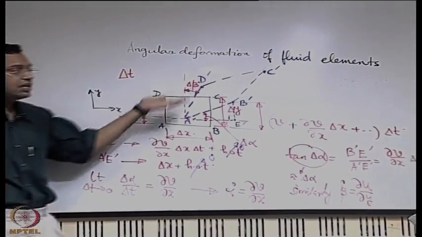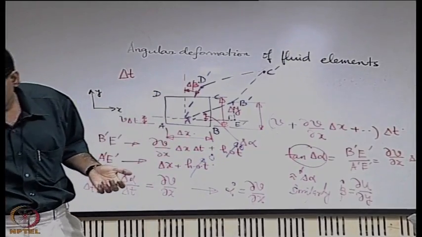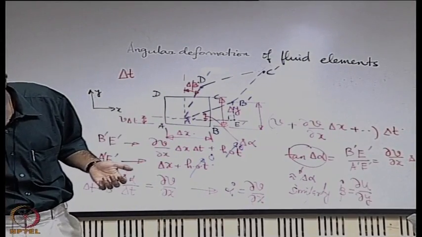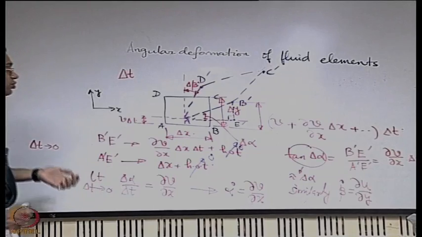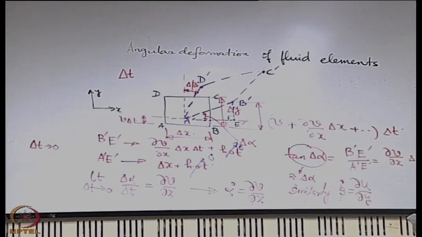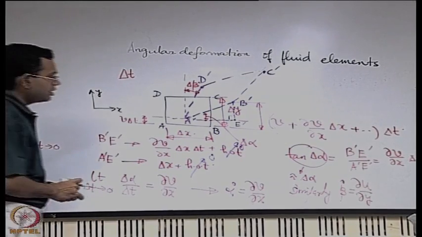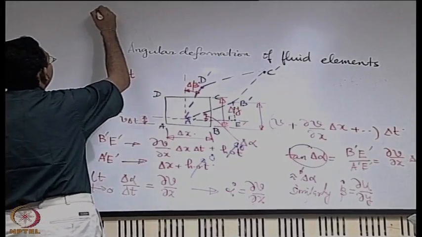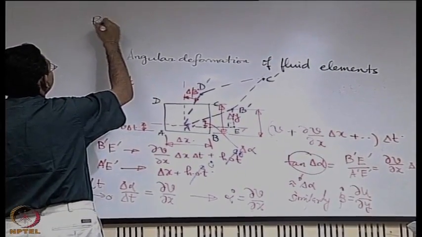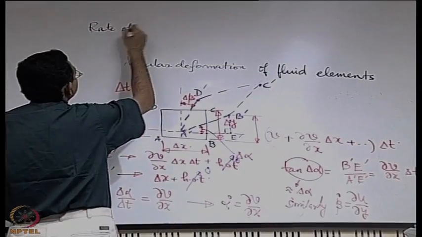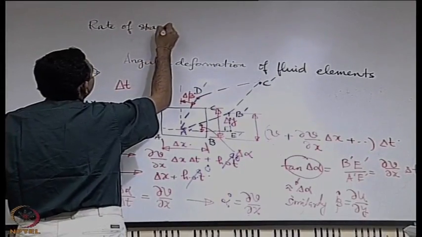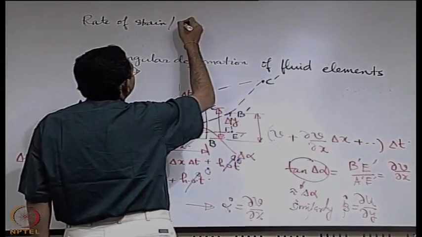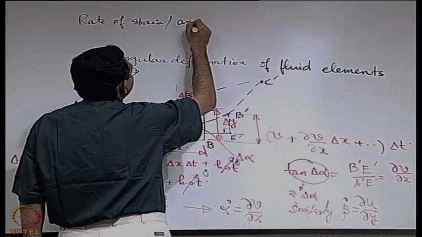These are just changes in angles. Now, how do we translate that into a more formal definition? To have a more formal definition, we may say that we are defining the rate of strain or the rate of deformation in the following way. Rate of strain or angular deformation.